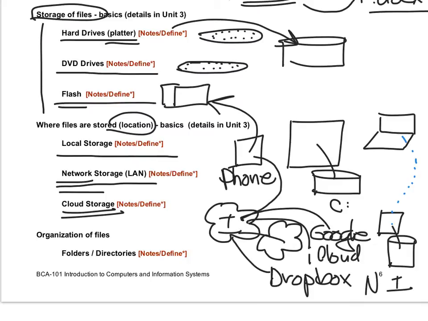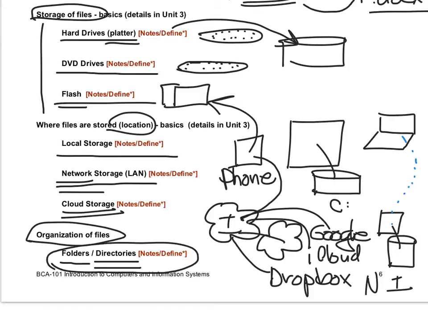Now, to organize our files, we usually put them in folders. A little bit older term is directory, and we're going to use both of them during this course. And you can use them interchangeably, whether you call it folders or directories.